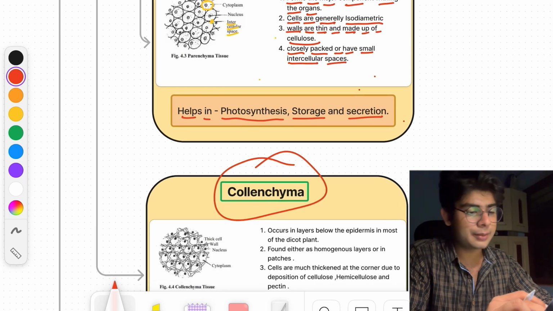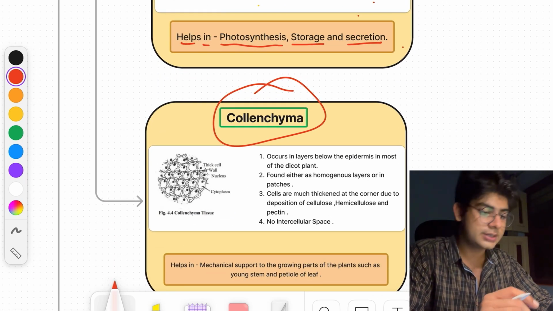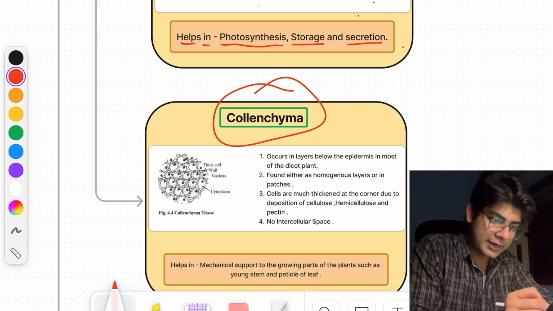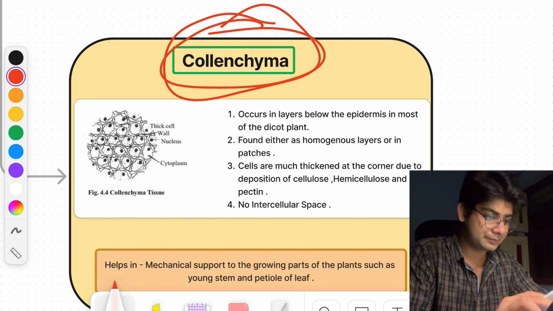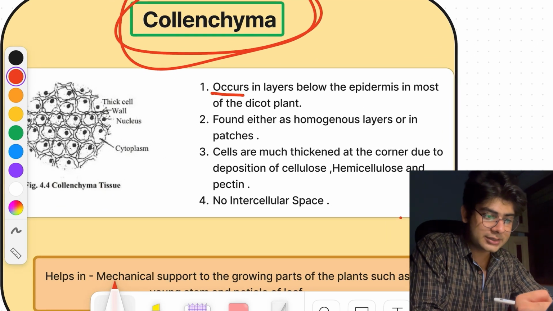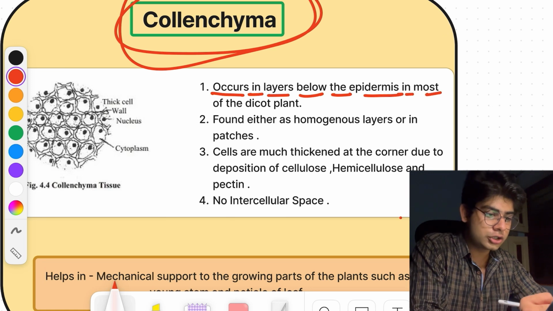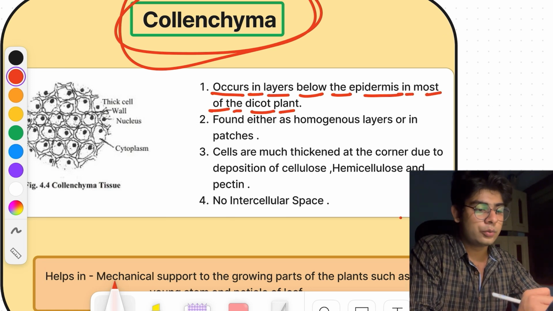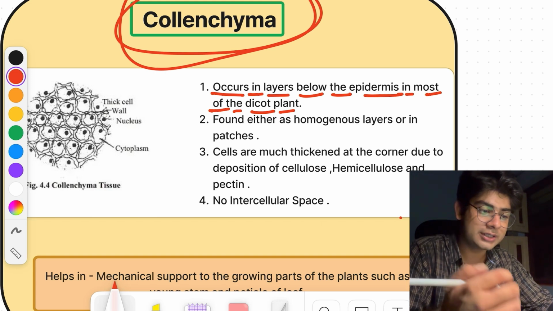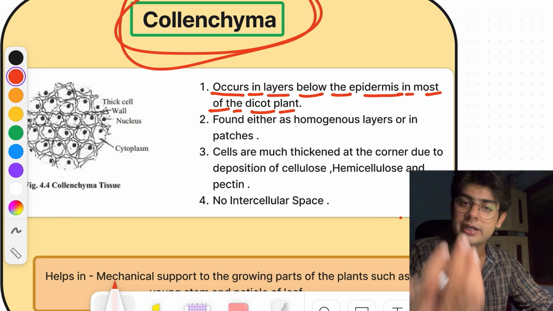The next type of simple permanent tissue is Collenchyma. Let's see the features of Collenchyma. It occurs in layers below the epidermis in most of the dicot plant. We will going to discuss about the layers that is present in the dicot plant in the later videos.